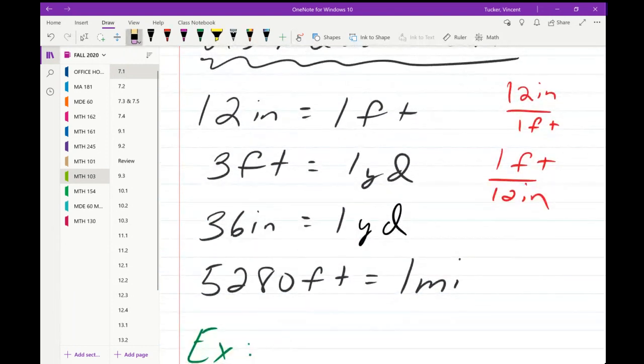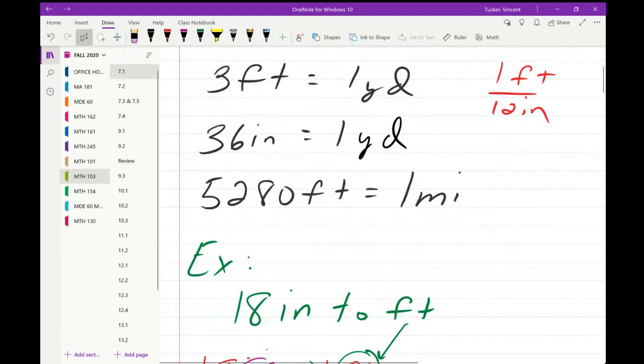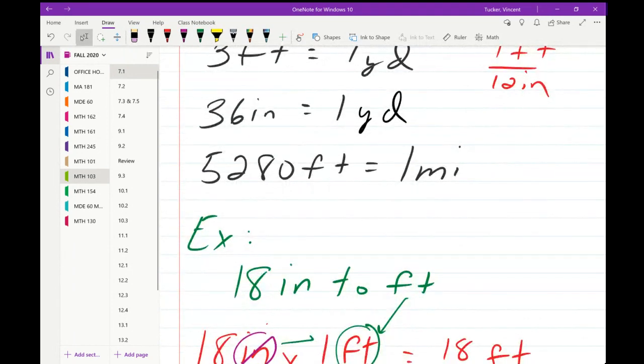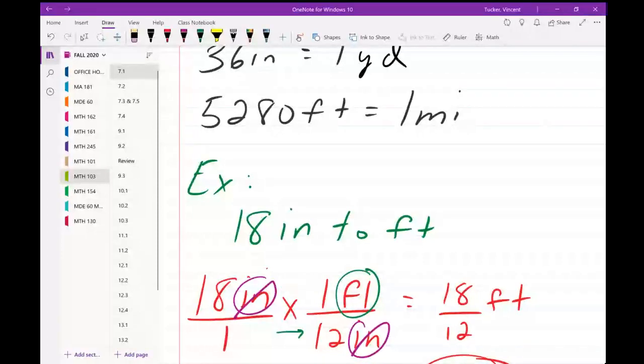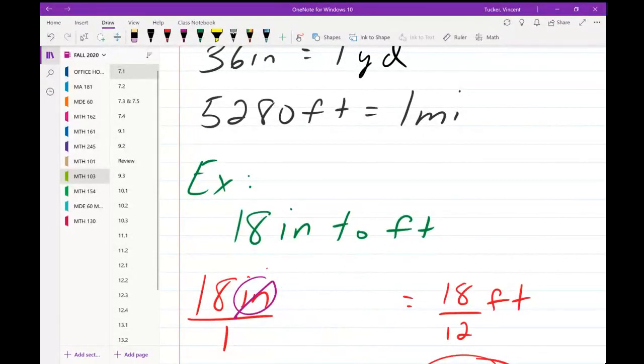So let's look at the first one that we're trying to convert. We want to convert 18 inches to a foot. And let me erase this stuff so we can walk through it. All right. So the first thing we want to do is set up this 18 inches as a fraction. We're going to set it up 18 inches over 1.